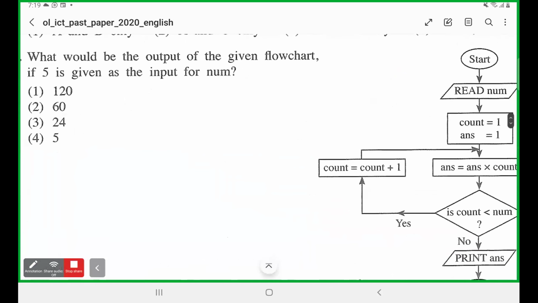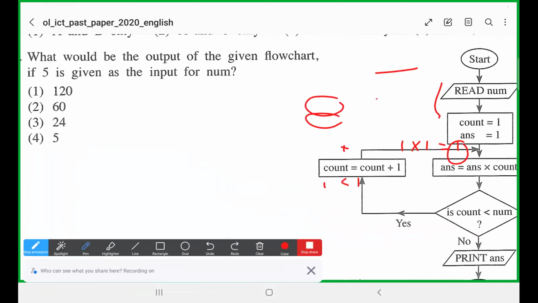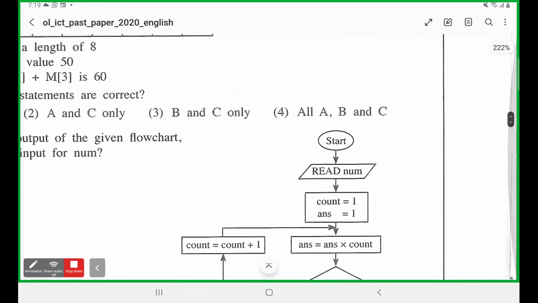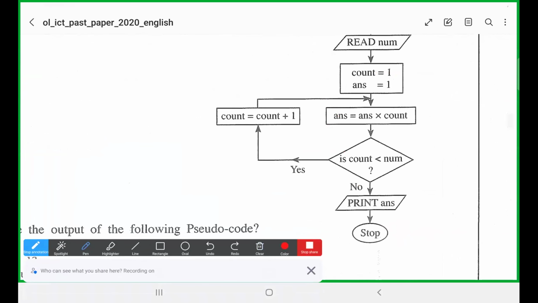But there is a problem. Read num. Read num means what? Here, if 5 is given as the input for num, now we have to think about that.